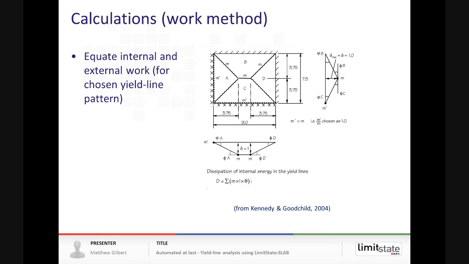So in other words, we choose a yield line pattern, we do the calculations, and then we might, depending on the particular problem, try one or more other yield line patterns to check that we've actually found the critical one. If we don't find the critical one, then we end up with an upper bound solution, i.e. an unconservative indication of the true capacity of the slab.